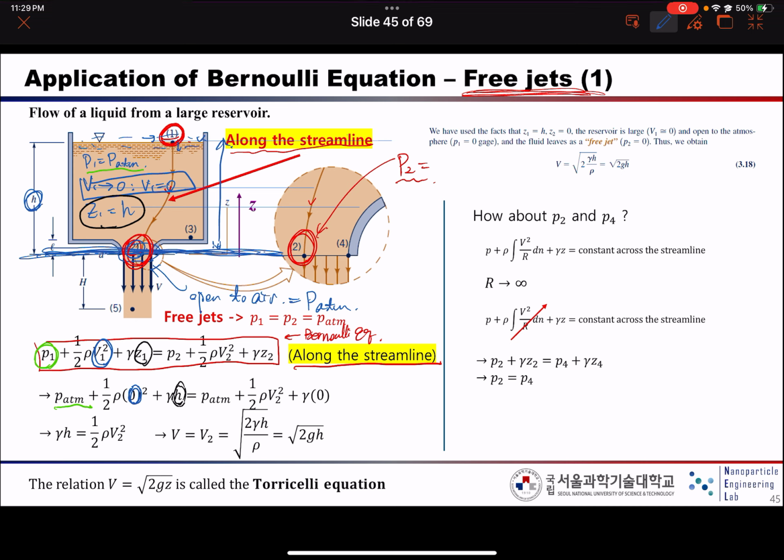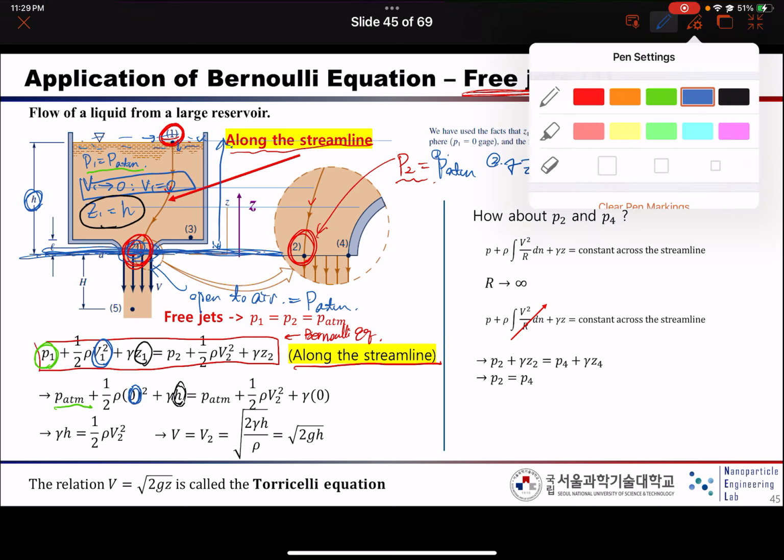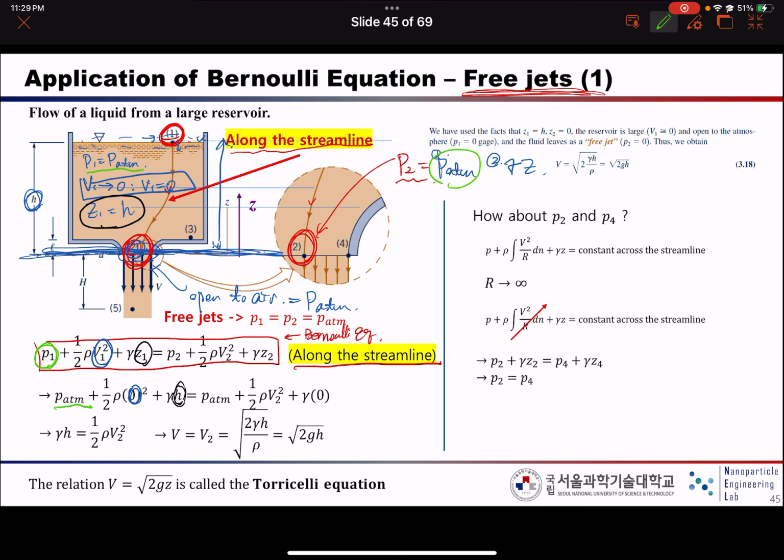So which one is true? The answer is that this should be atmospheric pressure because it is open to air. So P2 becomes P atmosphere.